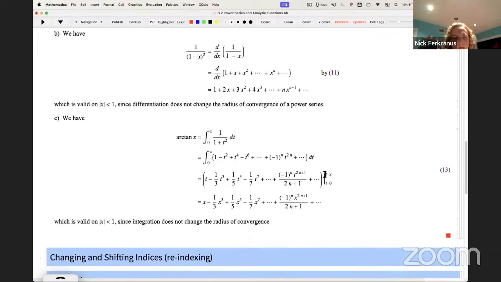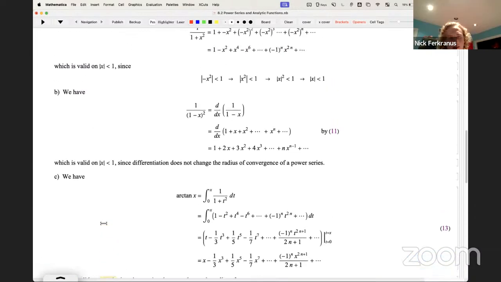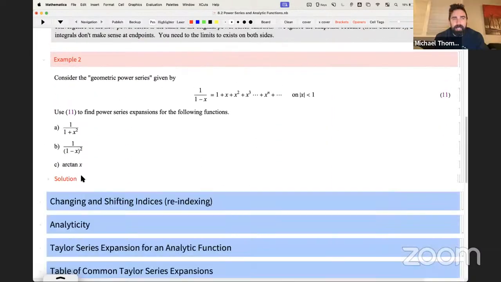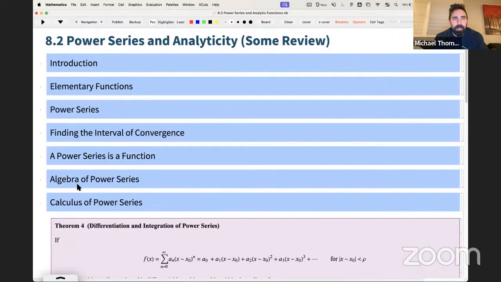So that's there, and then we evaluate from 0 to x. And now we have our series expansion. Since it's just an integral, we haven't changed the region of integration, the interval of convergence. You'll work through the details. I think it's probably better to do that on your own.